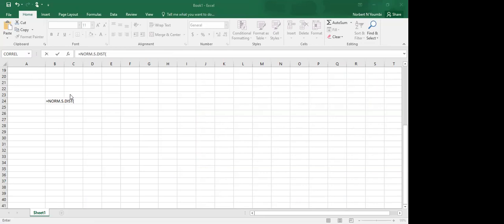But if you use normal standard, look at what will happen. They will always tell you what to write. Here is -1, comma, and it will say cumulative true. Close the bracket, and you will have the answer. Excel will only give you the left area. Excel gives you the left area.